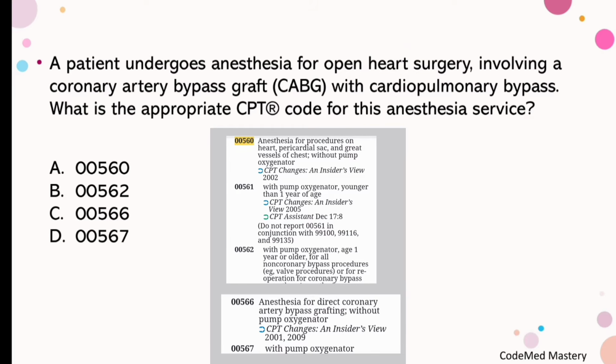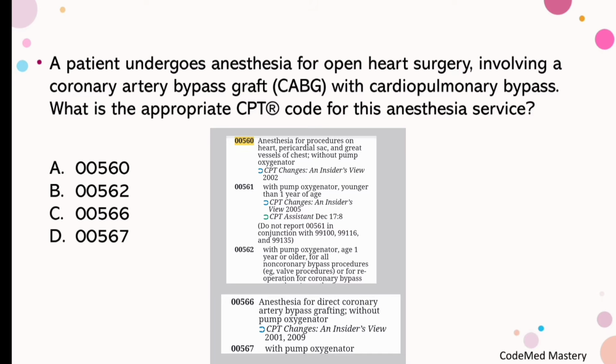And option B 00562 is for anesthesia for procedures on heart, pericardial sac and great vessels of chest with pump oxygenator age 1 year or older for all non-coronary bypass procedures or for reoperation for coronary bypass more than 1 month after original operation. Option C 00566 is for anesthesia for direct coronary artery bypass grafting without pump oxygenator, and option D 00567 is for anesthesia for direct coronary artery bypass grafting with pump oxygenator.